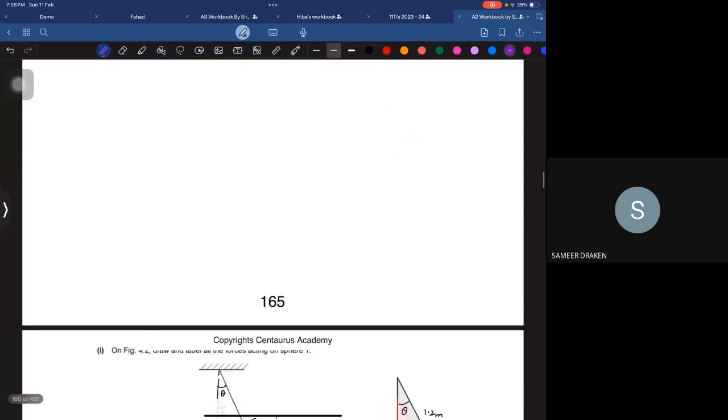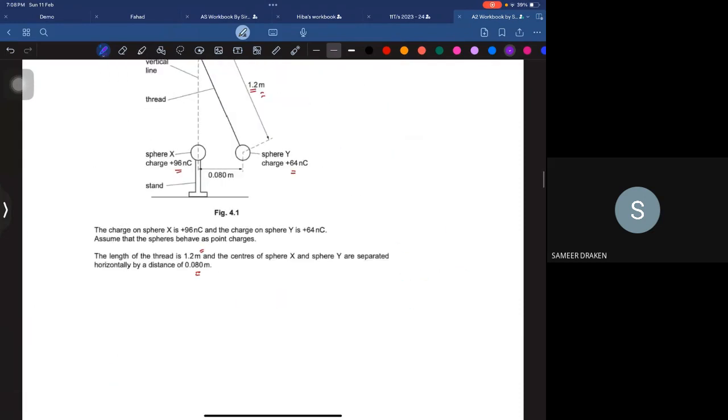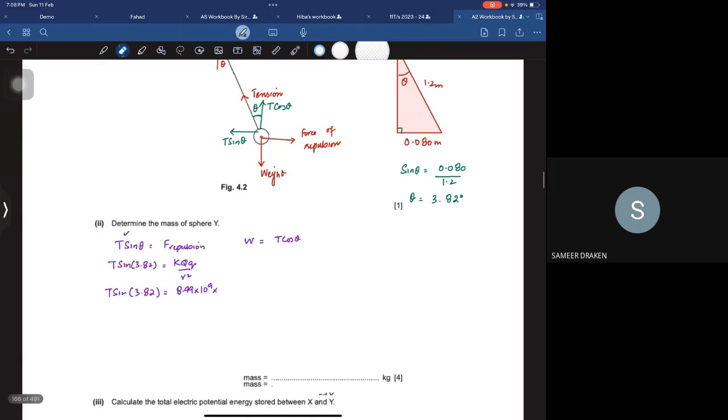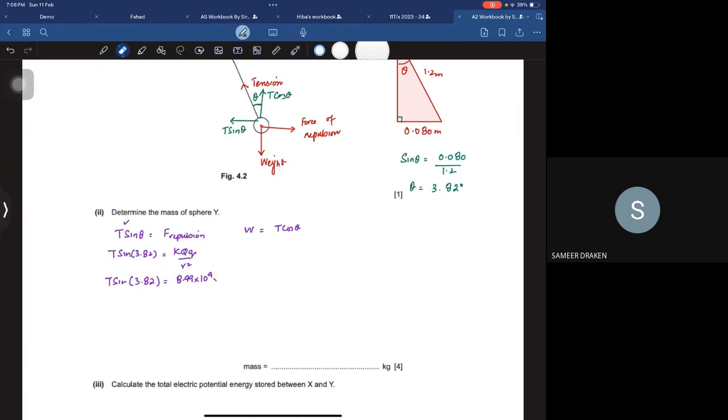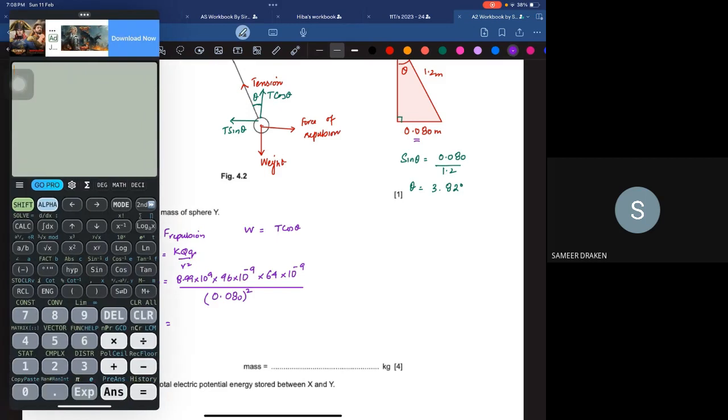The charge on the first one was 96, the other one's 64. So 96 times 10 raised to power negative 9, it's nano, times 64 times 10 raised to power negative 9, divided by their separation, 0.080, whole squared.